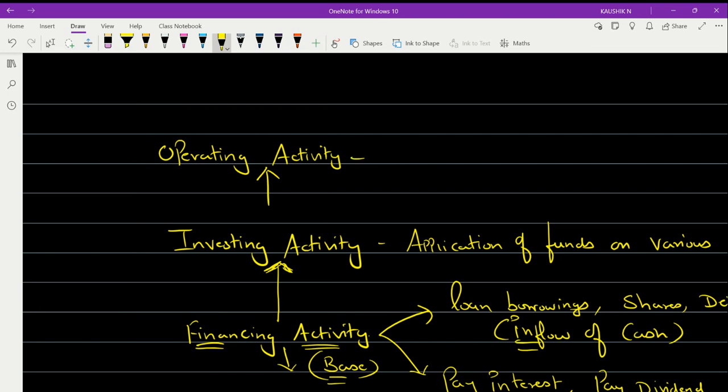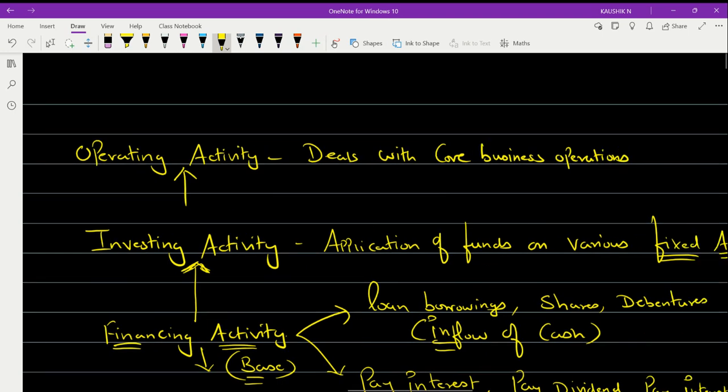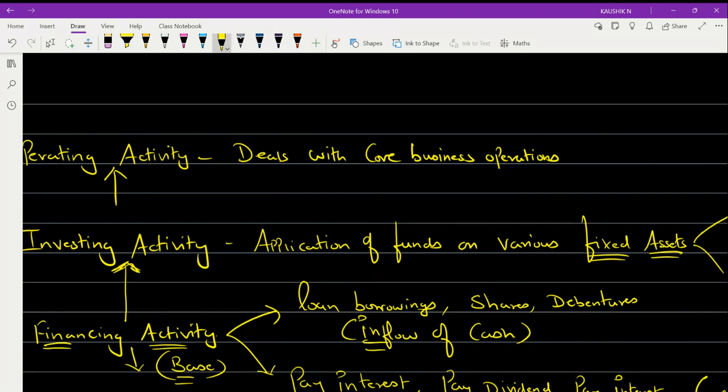So the operating activity deals with the core business operations. Each company would be involved in some activity, whether it is trading or service providing.